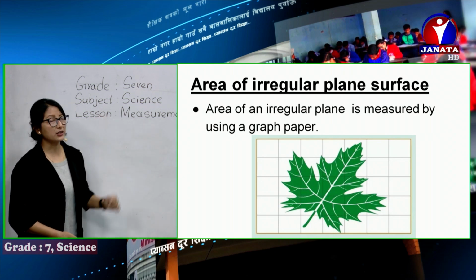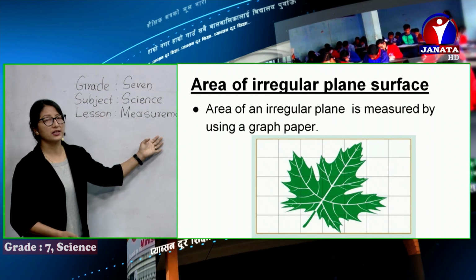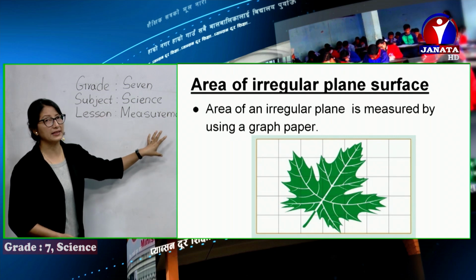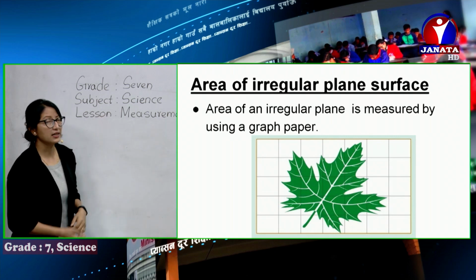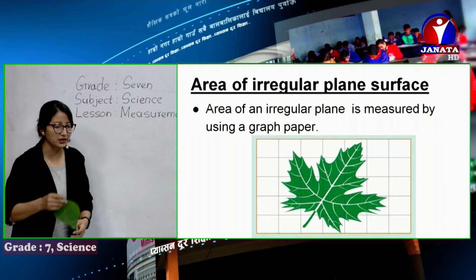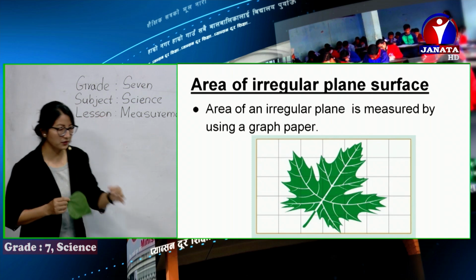Now what we are going to do is count the number of squares covered by the leaf, the irregular plane surface. The same activity we are going to do practically over here, and calculate the area of this leaf, which is an irregular object.